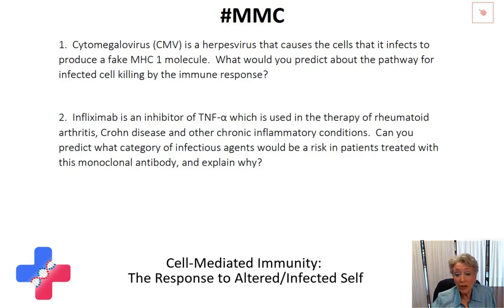The idea of putting it under lamination is to make it so that you can easily erase it and do it again. But I know people who have enlarged this up to poster board size and use it as artwork in their apartment. And while they're doing that, they're constantly working through the logic of what would be the best thing for your immune response to do in order to solve this problem.